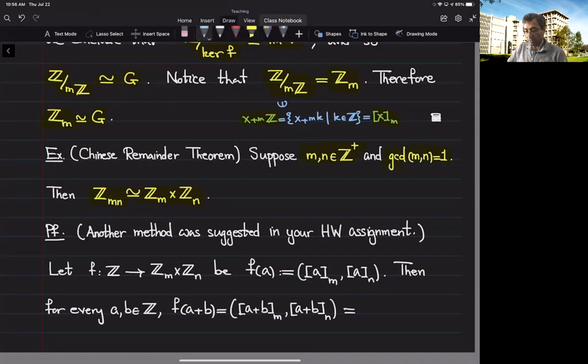So if I give you two elements here, let's say a sub m and a prime sub n, and I want to add this to another element, I do it component-wise. I add the first component to the first component and the second component to the second component. And this way we end up getting a group.